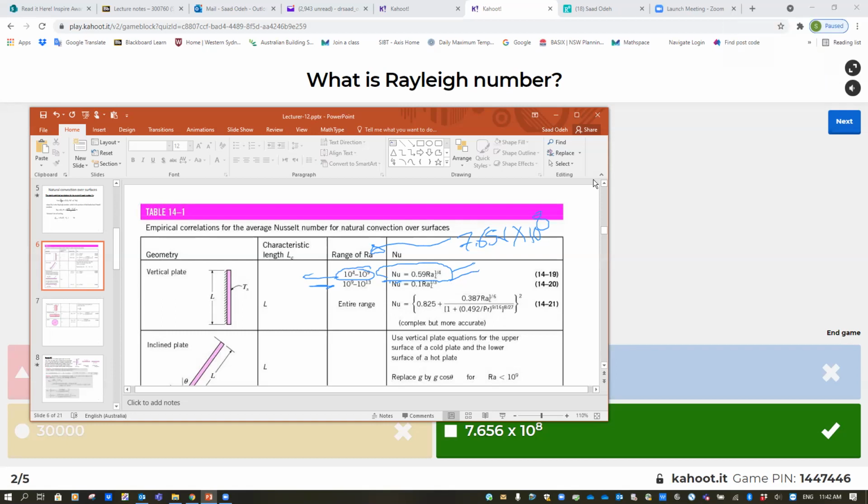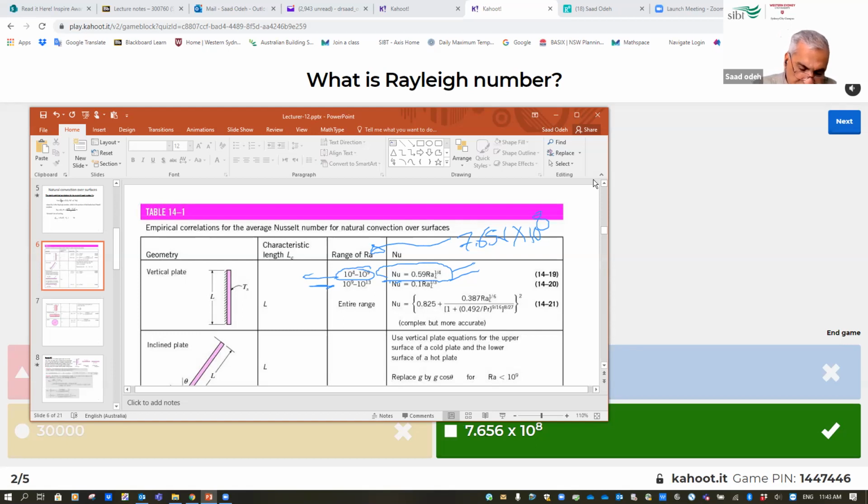L to the power quarter, so 1/4. Okay, all right. Thank you. So RAL, it's Ra. There's no L. It's Ra to the power 0.25, or to the power 1/4. So RAL is the Rayleigh number. Okay, so that's that one.